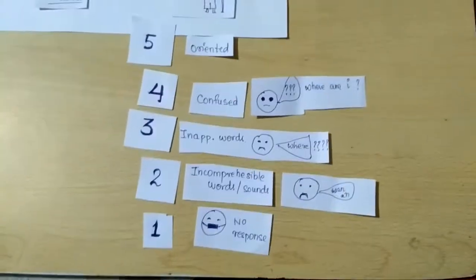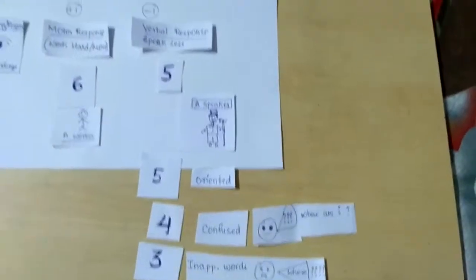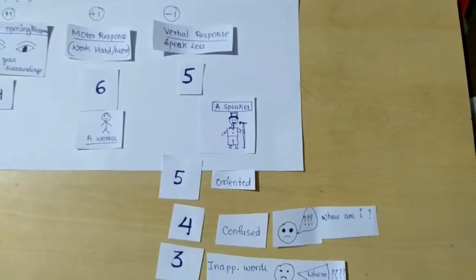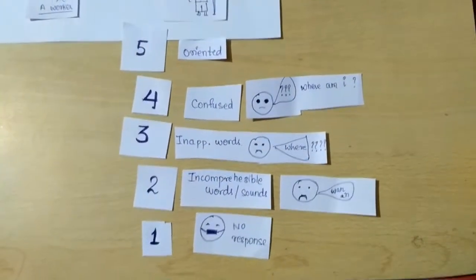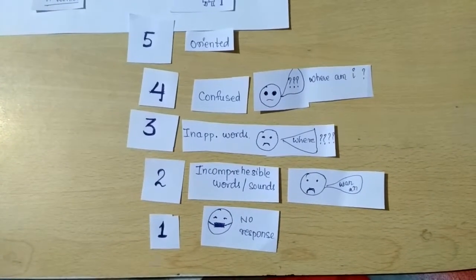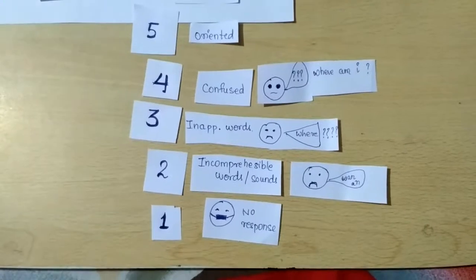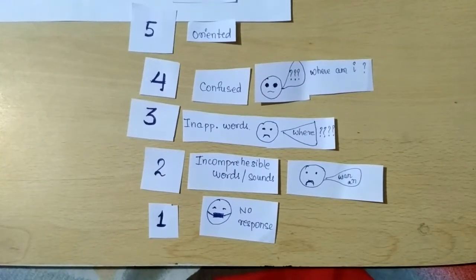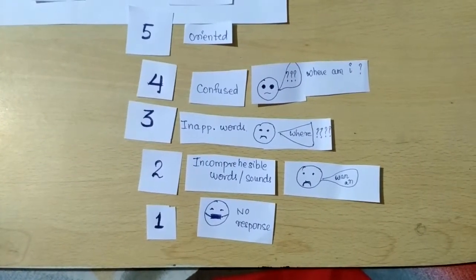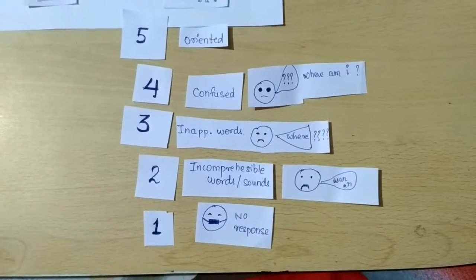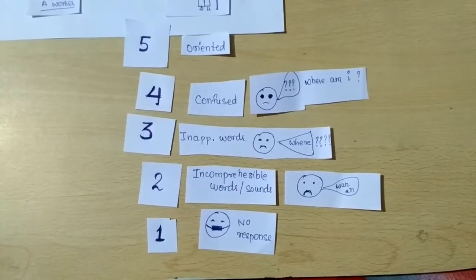So for the verbal response: if the patient is well oriented, he will get a 5. If he's confused about his surroundings, he will get a 4. If using inappropriate words, 3. If he uses incomprehensible words or sounds, he will be graded 2. And if there is no response, he will get a 1.